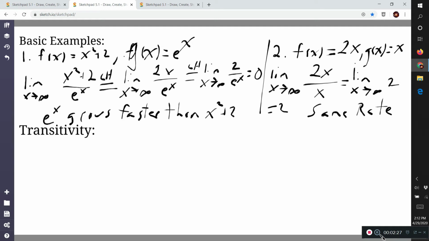Now sometimes we'll use a concept called transitivity. We've dealt with transitivity before when we talk about things that are less than or greater than or equal to. If A is equal to B and B is equal to C, then A is equal to C. But how does it apply in this circumstance?